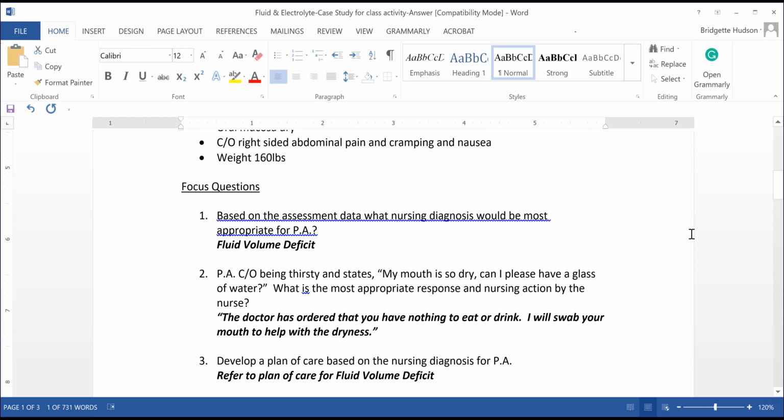Yep. INOs. Give her the medications as ordered, vital signs. Yep. What else?